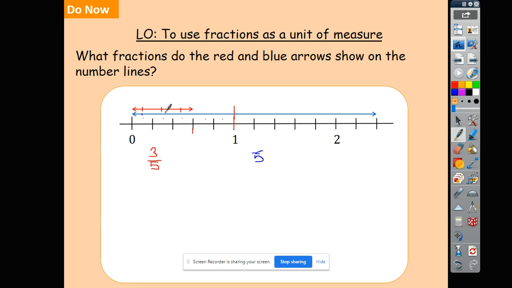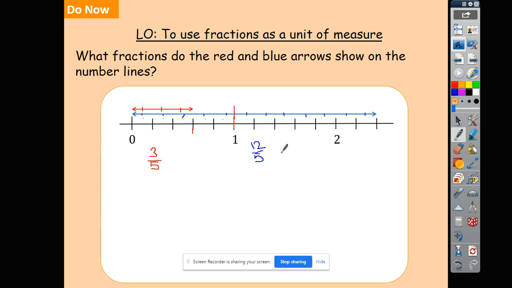So we're going 1, 2, 3, 4, 5, 6, 7, 8, 9, 10, 11, 12 parts. So our fraction would be written as 12/5. Now hopefully you'll recognise from the video that you should have watched that this is an improper fraction.